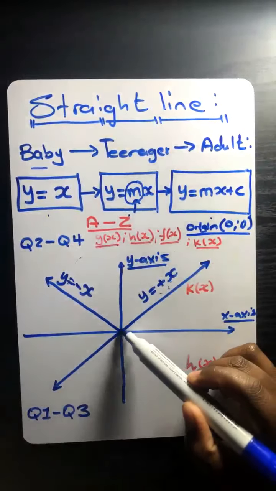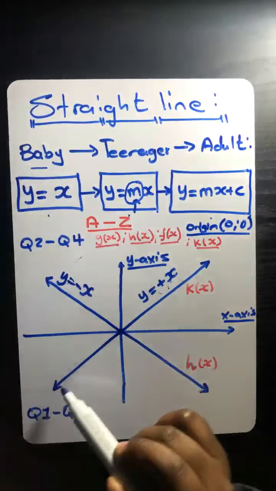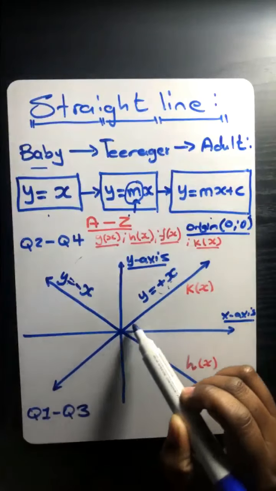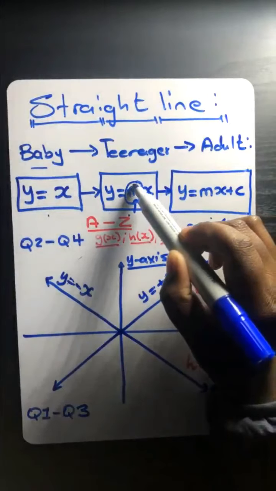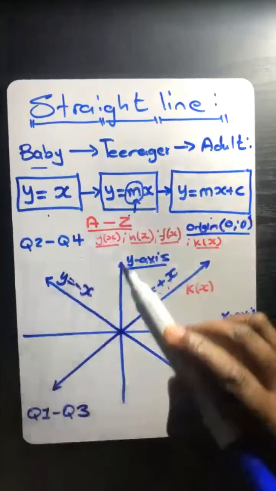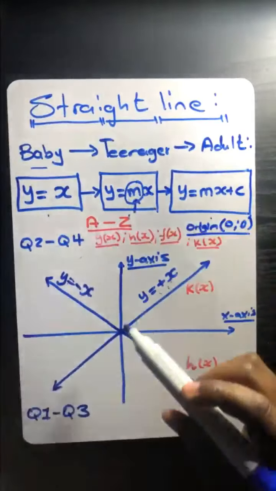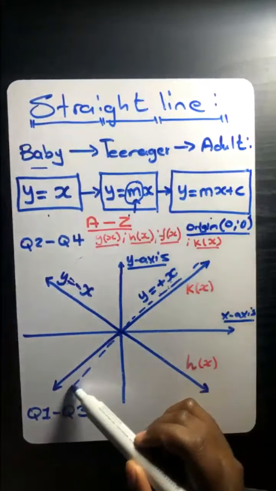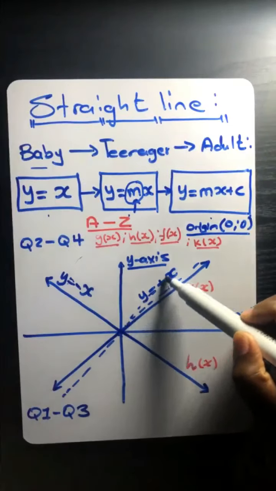So that straight line will no longer be at that angle or along that line. Let's say maybe there it was 1. If it was 1, it was like that. Now the gradient is 2. If it's 2, then it gets steeper. If it's 4, it gets steeper.